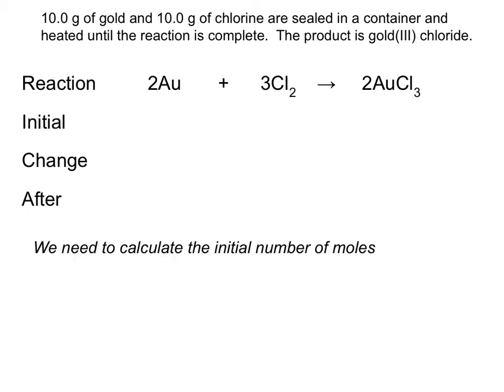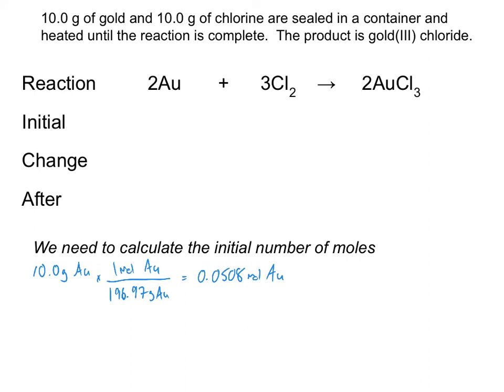Our next step is to calculate the initial number of moles we have using our starting amounts of grams. And so we know that we have 10 grams of gold and 10 grams of chlorine. And so we're going to use our molar masses to convert both of those amounts over to moles.